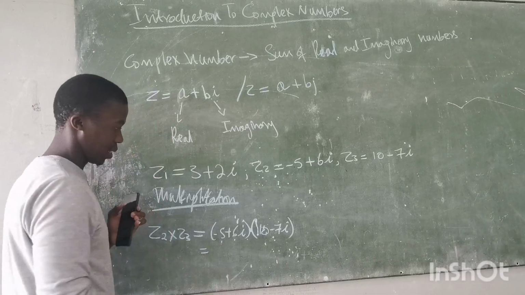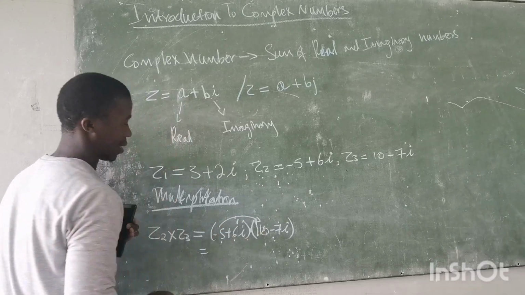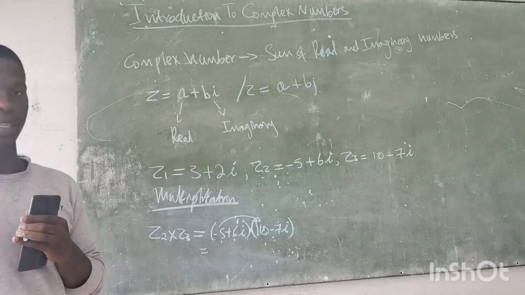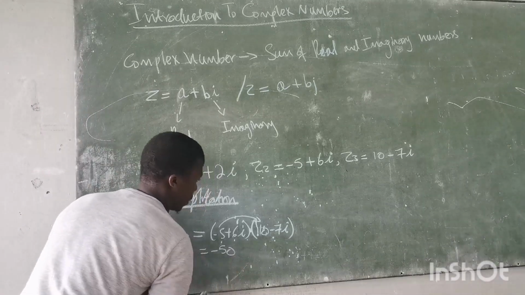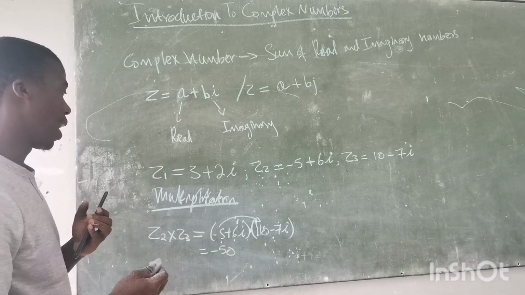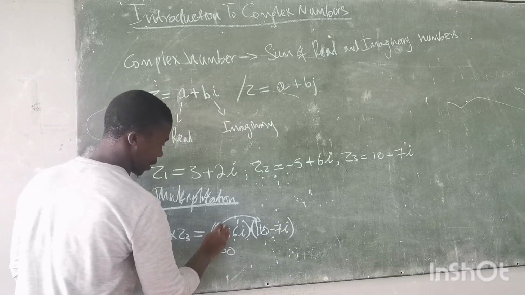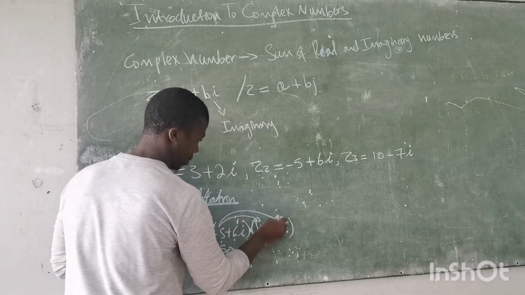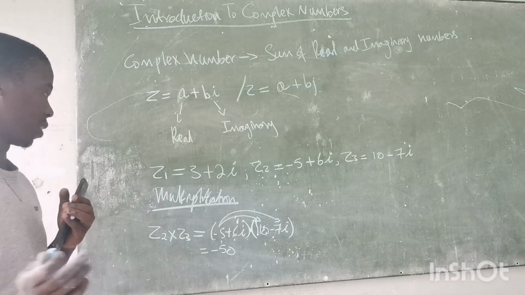So let's start with the first terms. Negative 5 multiplied by 10, which is going to give us negative 50. That is our first term. Now let's go to our outer term. Our outer term is negative 5 multiplied by negative 7.